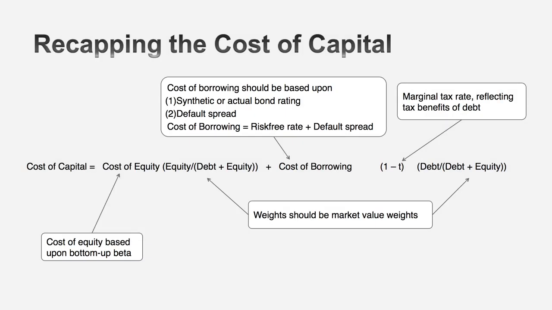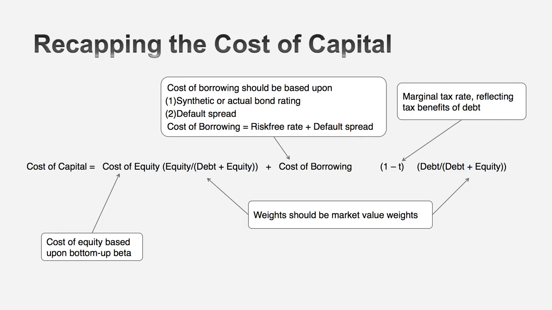So let's summarize. When you have to estimate the cost of capital, you first have to estimate the cost of each element in the cost of capital, the cost of equity and the cost of debt, and if you have preferred stock, the cost of preferred stock. Then you have to attach weights to those numbers, and those weights should generally be market value numbers. Market value of equity, market value of debt, and market value of preferred stock.